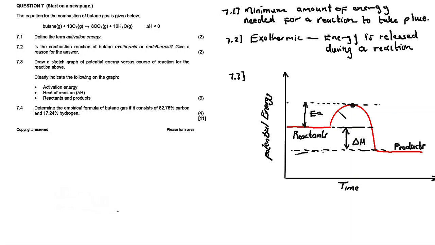7.4, determine the empirical formula of butane gas if it consists of 82.76% carbon and 17.24% hydrogen. Right, 7.4.